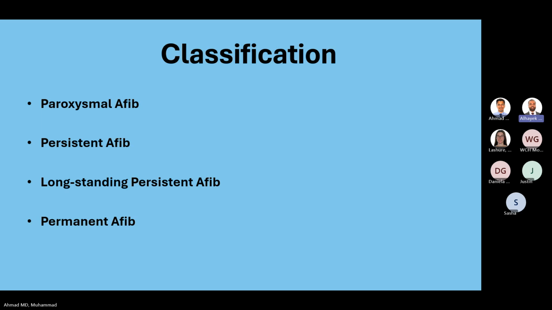Very good. And then what is permanent AFib? What is that defined as? Anyone else in the first year brave enough? Is it refractory to treatment, cardioversion, or ablation? Exactly. It's a term used whenever the patient and the clinician make a joint decision to stop further attempts to restore and maintain sinus rhythm.